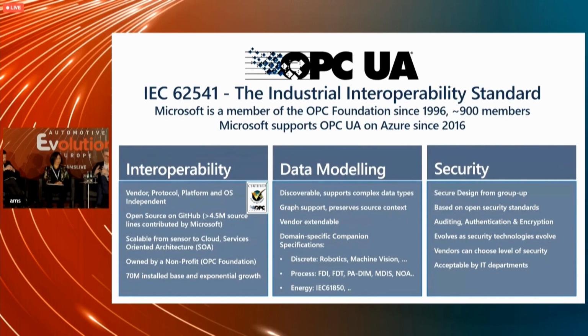The other standard, which I think is just emerging, but is already playing an increased role, is the asset administration shell. It's mainly used for the life cycle of parts and potentially also automobiles. This is something that we've been involved in from the start as Microsoft, and we're rolling it out into our Azure portfolio.